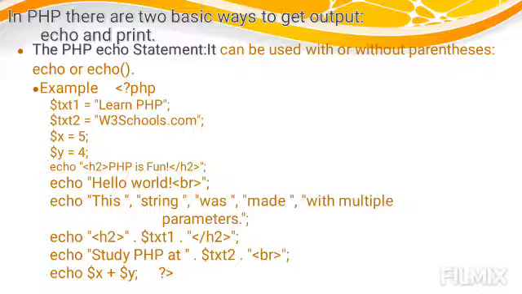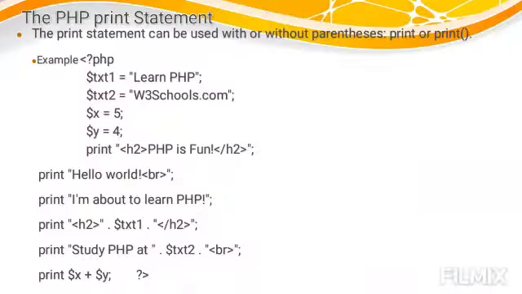The echo statement is used to print something on your document area. We can use multiple variables with the comma operator in an echo statement, and we can combine strings using the dot operator. The dot operator is a concatenation operator. Then the PHP print statement. It's also used for printing something on your document area.